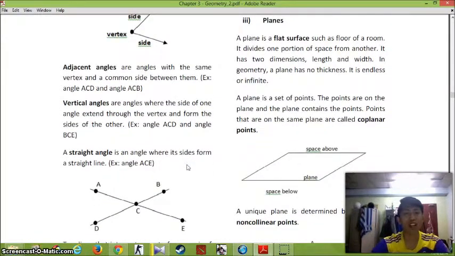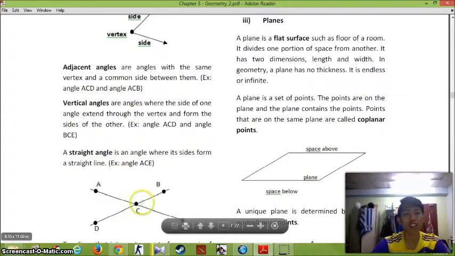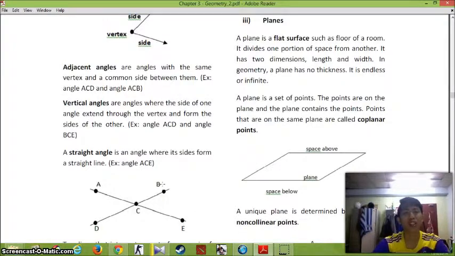So we can see that for adjacent angles, the example is ACD and ACB. They have the same vertex and a common side between them.